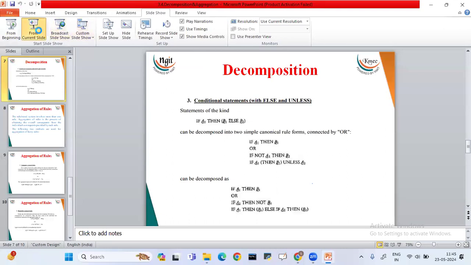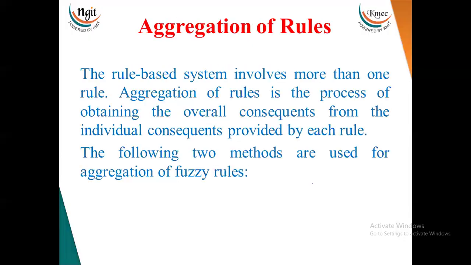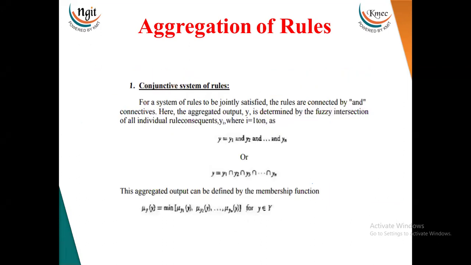Now coming to the aggregation. So what is aggregation? By the name itself, after calculating all the separate simple canonical forms, you have to add them, aggregate them. So this is aggregation. Same for the conjunctive system of rules, where you have the individual rules which have to be combined.